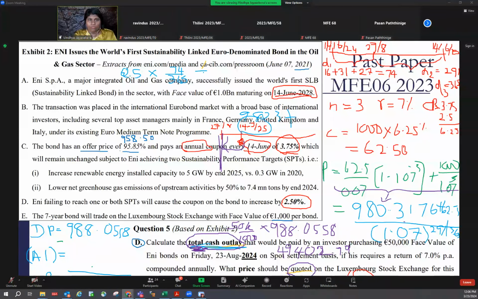How much is accrued interest? $1.2671. Is it 1 point or 12 point? 12.67.